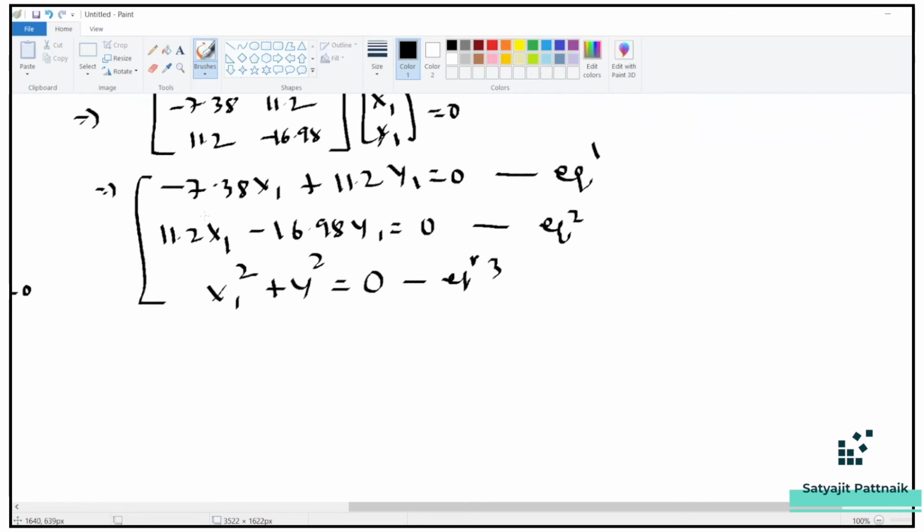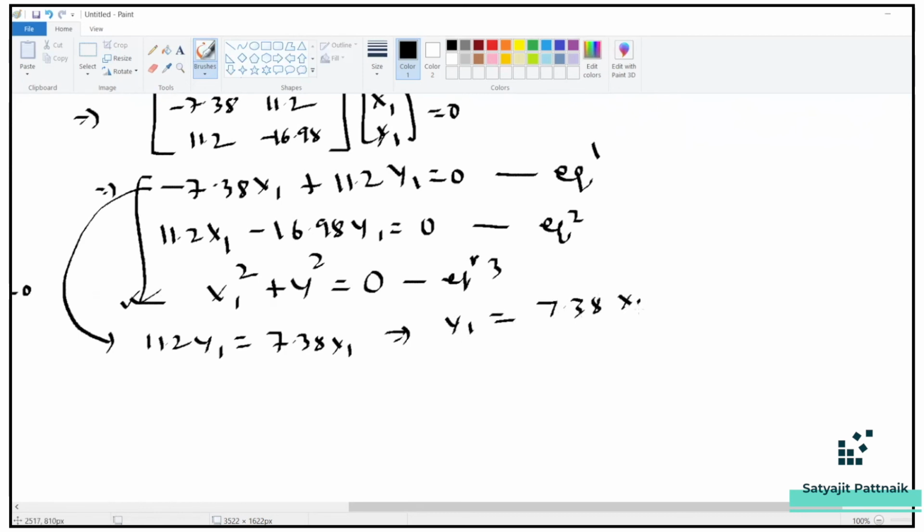Obviously, we can solve this particular problem using equation 1 and equation 2, but let's try to make use of equation 3 and solve it. So from here, what I can do is 11.2 y1 equals 7.38 x1. That means y1 equals 7.38 x1 divided by 11.2, right?